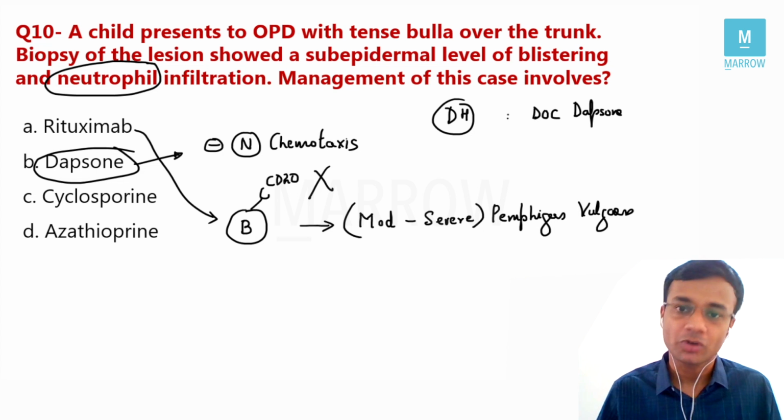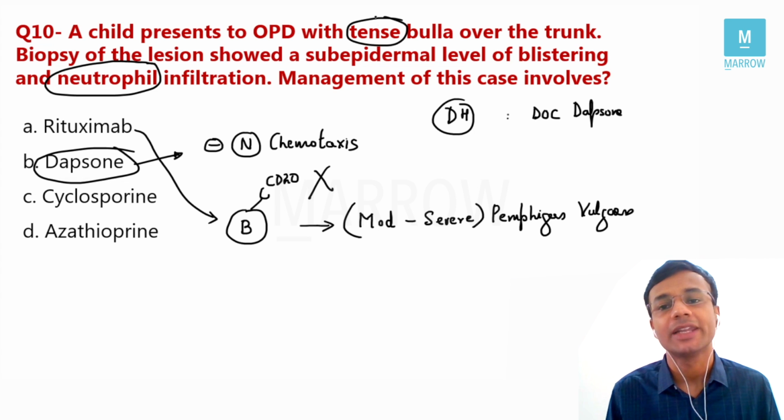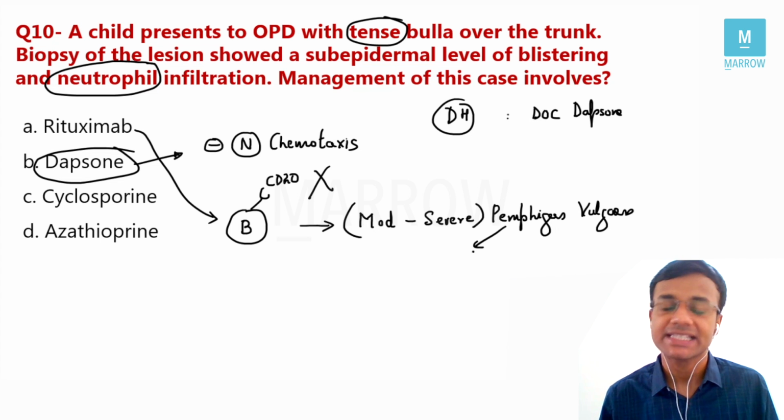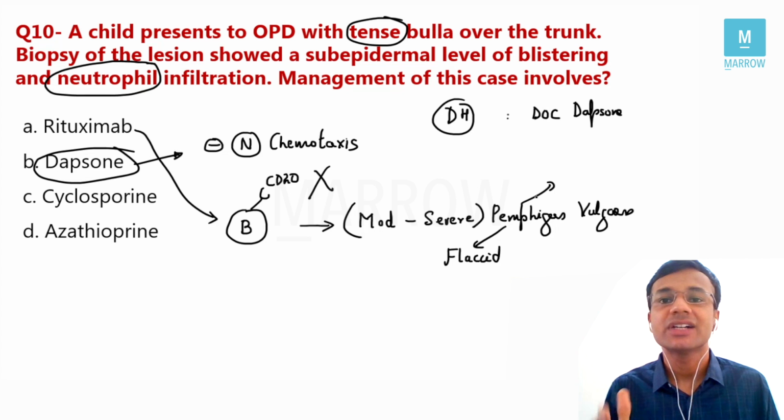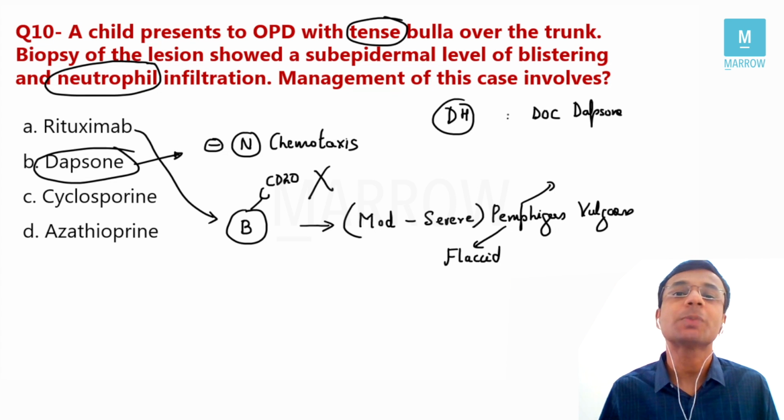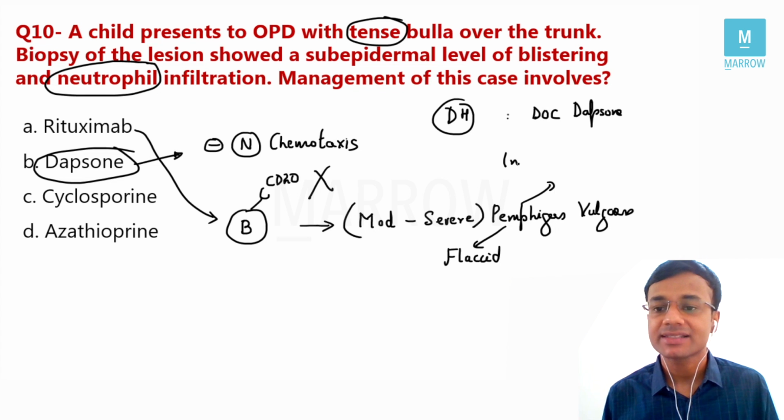So what are the points which rule out pemphigus? Number one, tense bullae. So please understand, pemphigus is a superficial disease. It is going to present with flaccid bullae. So this is point number one. Point number two is, we already know whenever the word pemphigus comes, you have to remember superficial disease. You remember that it's an intraepidermal disease.